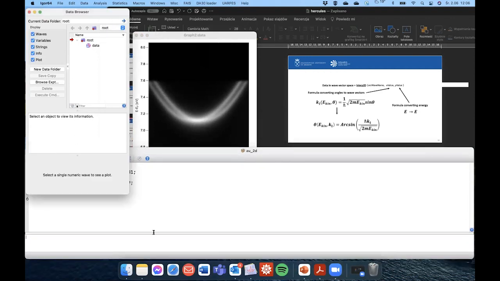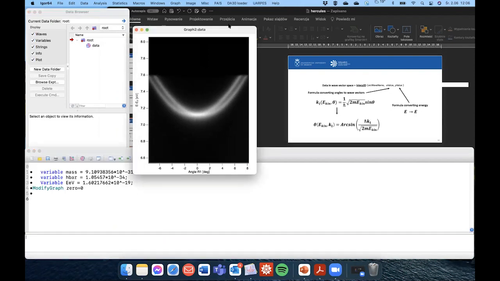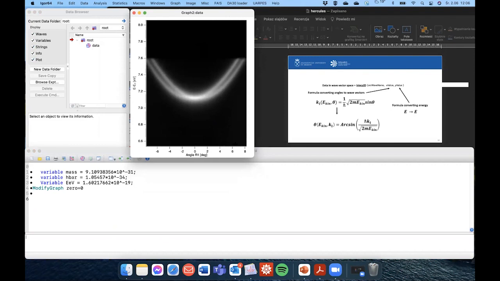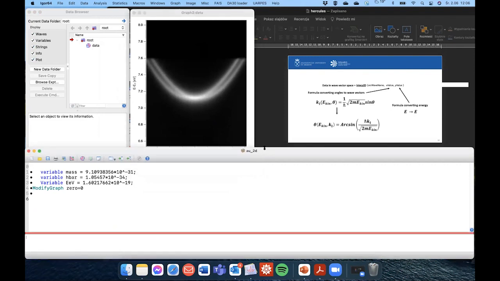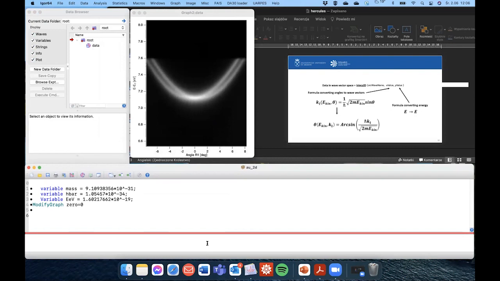Okay, so first of all, we have to prepare our final matrix on which we will interpolate the input matrix. To do that, the easiest way is to duplicate it.